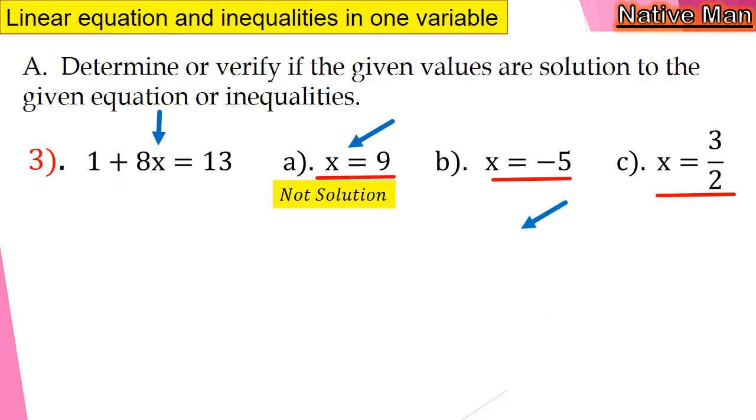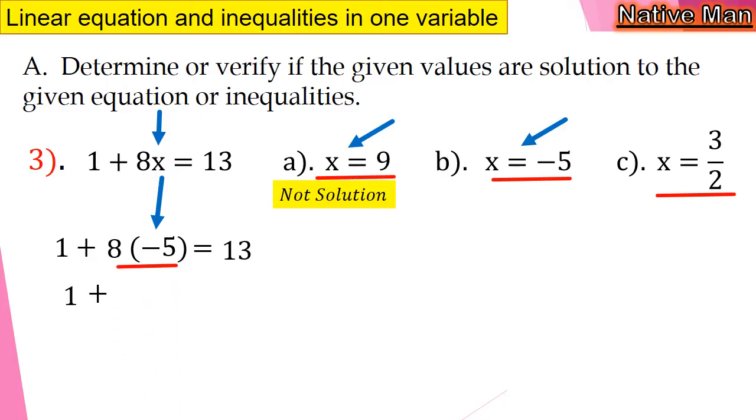Okay, so how about this letter B? X is equal to negative 5. Okay, substitute po ulit natin sa variable na x. So, bring down 1 plus 8. So, x yun. So, ang x ay negative 5. So, 8 times negative 5, bring down equal to 13. Again, multiply first.